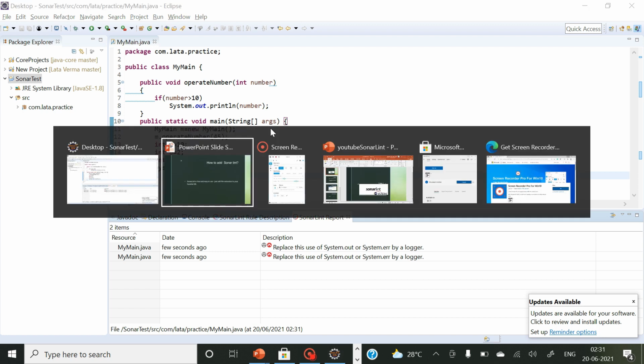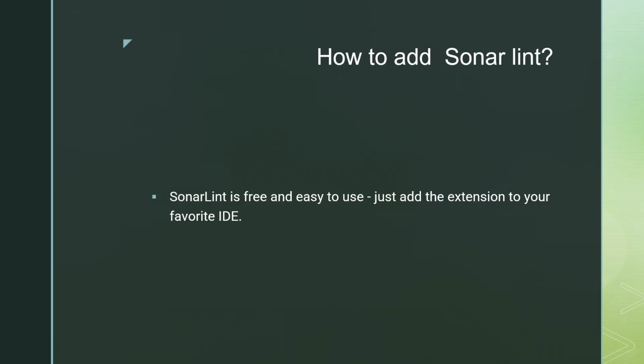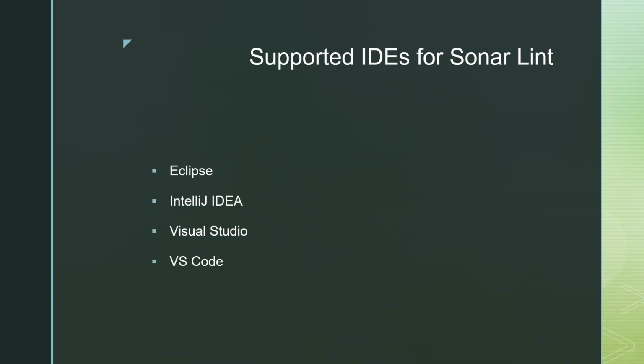So I hope that you have got an idea about how we can use SonarLint, what it is, and that it supports IDEs like Eclipse, IntelliJ, Visual Studio, VS Code. According to the technology on which you are working, you can make use of this IDE, or whichever is your favorite IDE, you can use it in the same way for other IDEs as well.